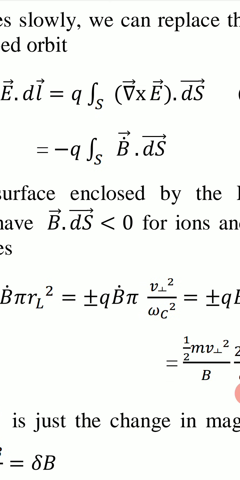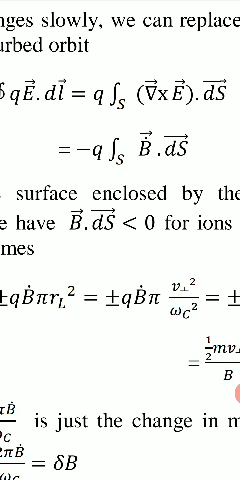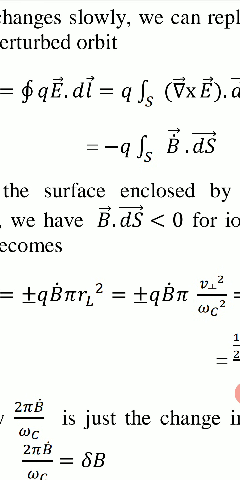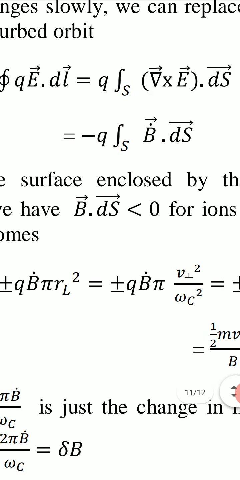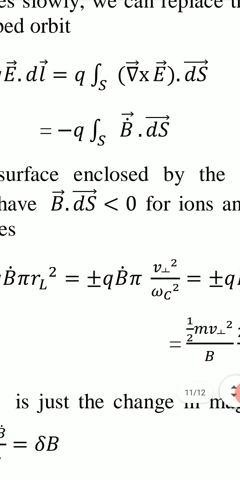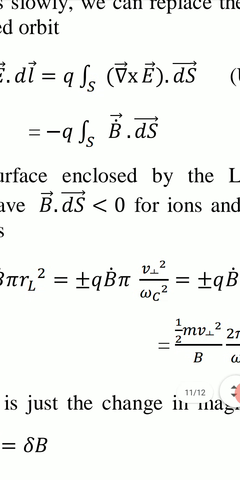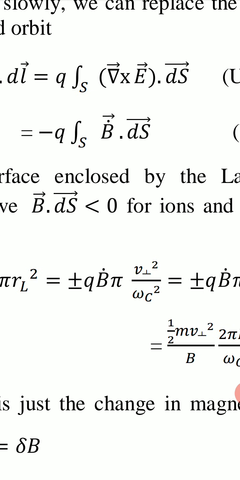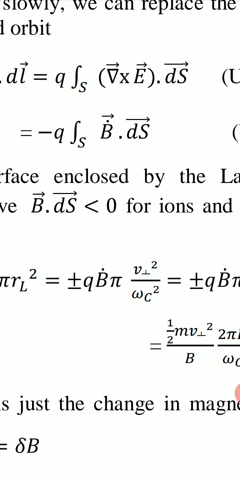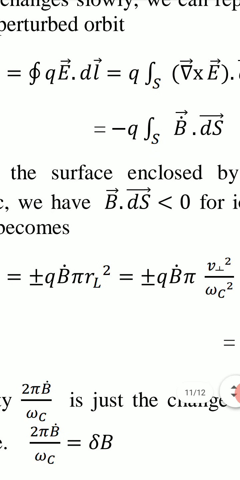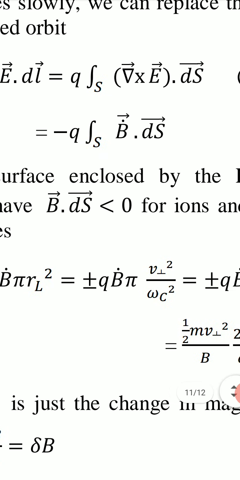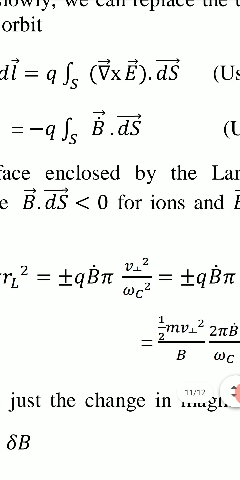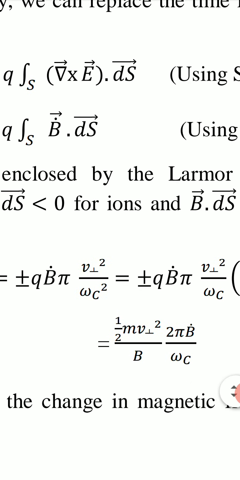Then we have to write del cross E in place of E, that is curl E. Then in place of dl vector we write ds vector. In this way this line integral can be converted into a surface integral using Stokes theorem.